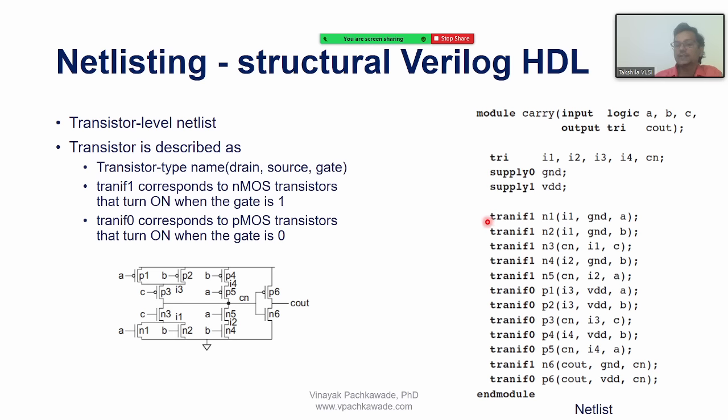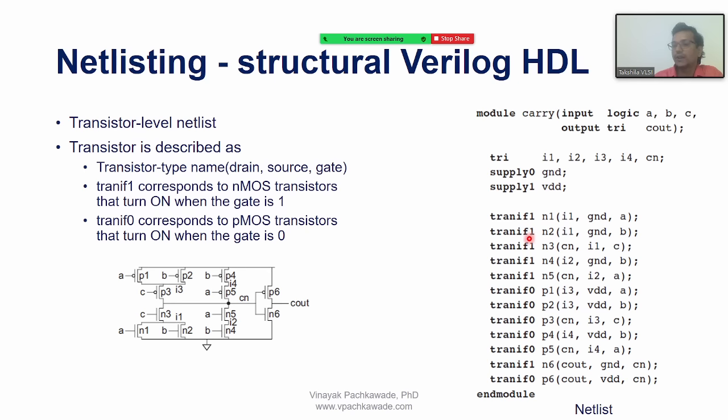Then the transistors are defined. So you say tranif1 N1 or tranif0 P, P1, P2, P3 up to P6 or N1, N2 up to N6. N indicates it's NMOS. Tranif1 is the name of the transistor. You can simply write NMOS N1, NMOS N2, PMOS P4, PMOS P3, something like that.